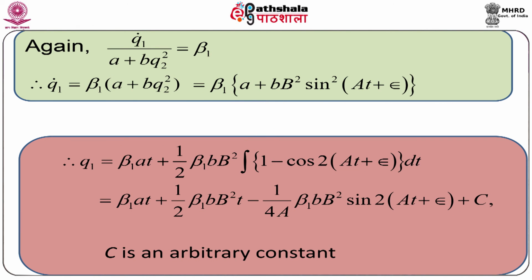On integration, we have q2 equal to capital B sin capital S into t plus epsilon, where capital B and epsilon are arbitrary constants. Again, we have q1 dot divided by a plus b q2 square equal to beta 1.